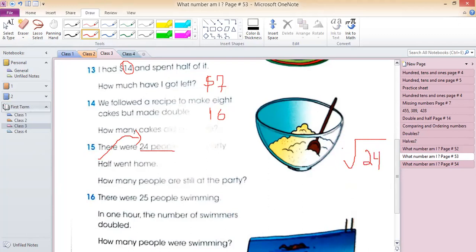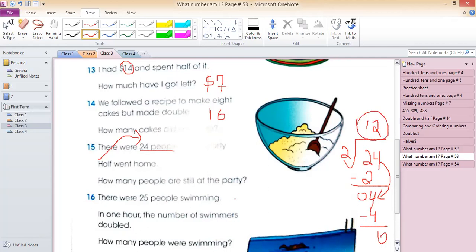So you divide 24 by 2. 2 times 1 is 2. 2 minus 2 is 0. Then this 4 you put down. Again check the table of 2: up to how many times will you get 4? 2 multiplied by 2 gives 4. 4 minus 4 is 0, and 12 is the answer.